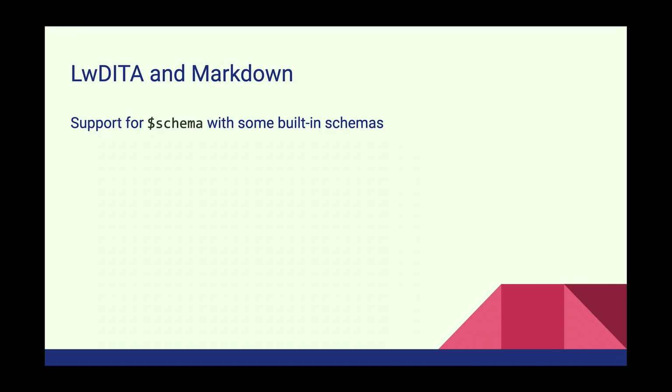If you've ever looked at, for example, JSON schema or any of those API documentation tools that use JSON as a format, they use this $schema to specify a schema for something. And that's basically where I stole the idea from.